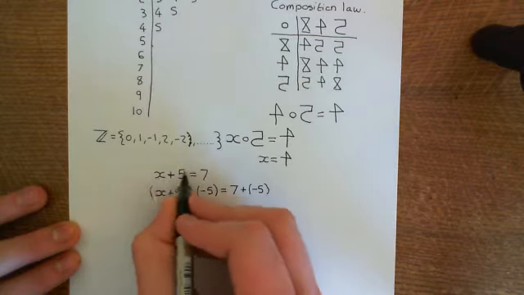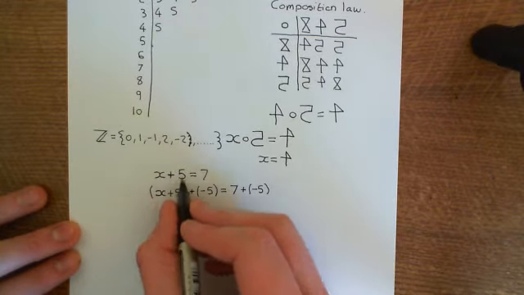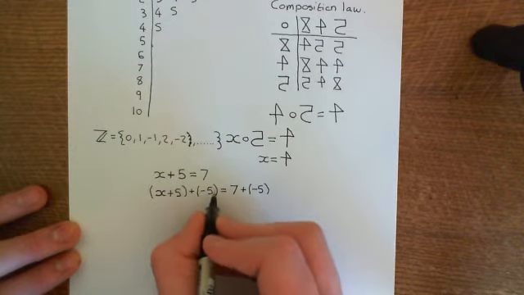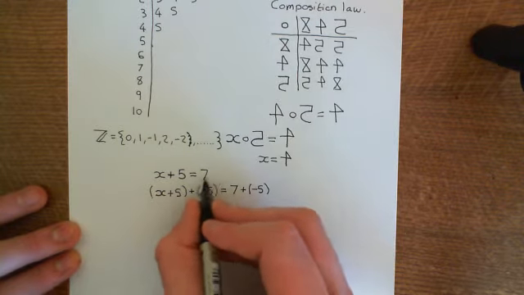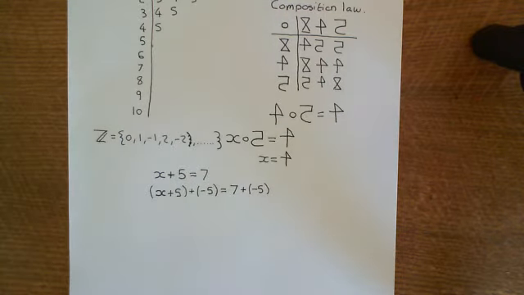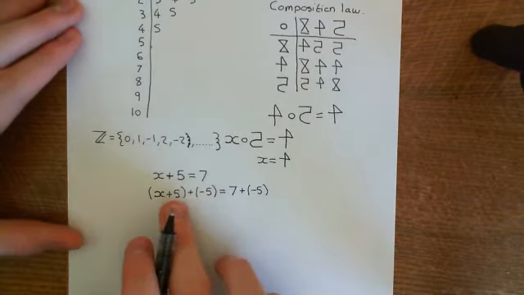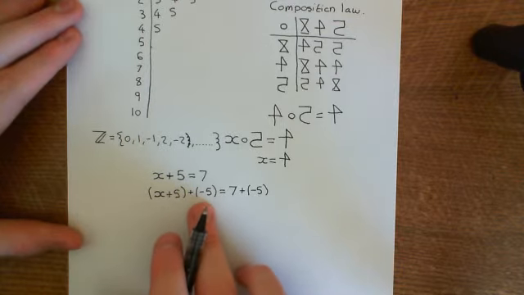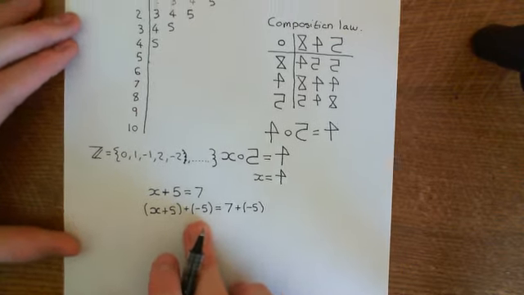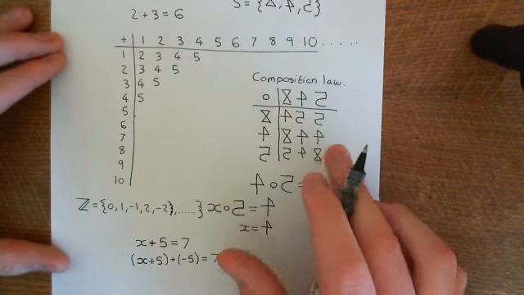Because if what's on this side truly was equal to this side, then when you compose this side with the symbol -5, and you compose this side with the symbol -5, you should end up with the same thing, basically. You should end up with the same new symbol in the set. And I want to stress something, that it is now important that you're saying it composed on this side. Okay, so just look at this composition law over here.